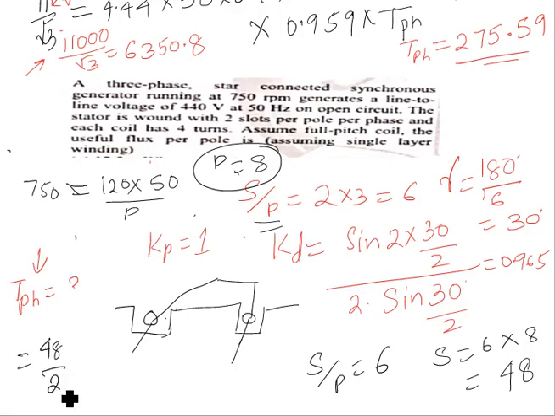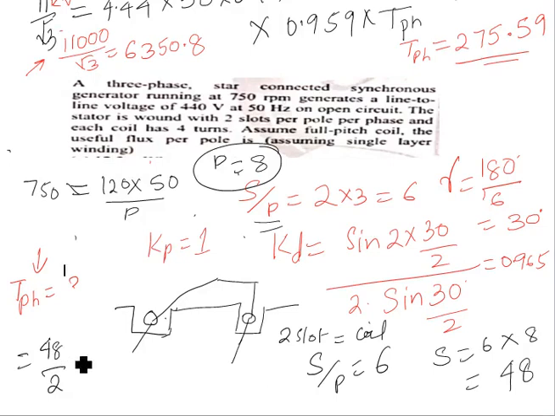Sorry, one coil. Two slots make one coil, okay. So the total number of slots is 48, so the total number of coils is 24.